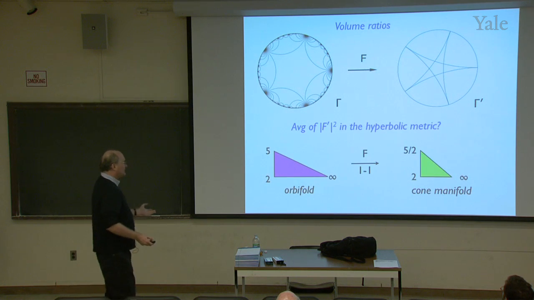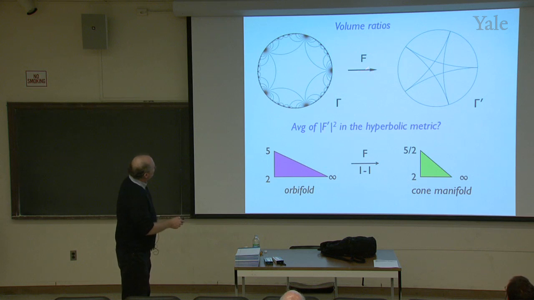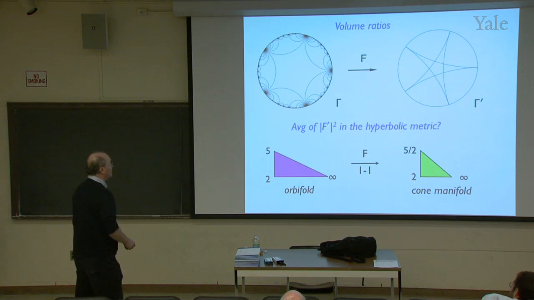Well, the answer is easy. You see, this group here defines a hyperbolic orbifold, which is an example of a cone manifold, but because I have integers here, it's of a special type that corresponds to a discrete group.